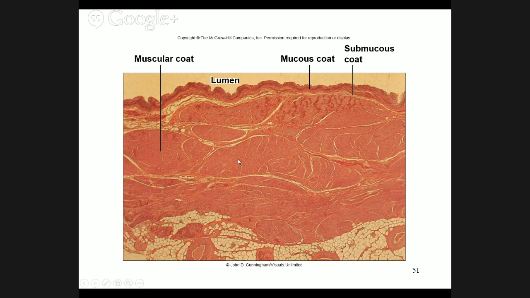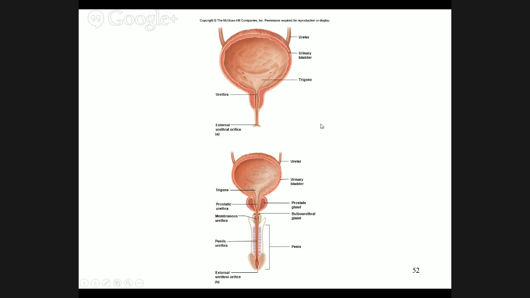And a cross section of the layers of the bladder wall: muscular, mucous and submucous, and lumen. And this is fat here surrounding it. And you have the female bladder and the male bladder.